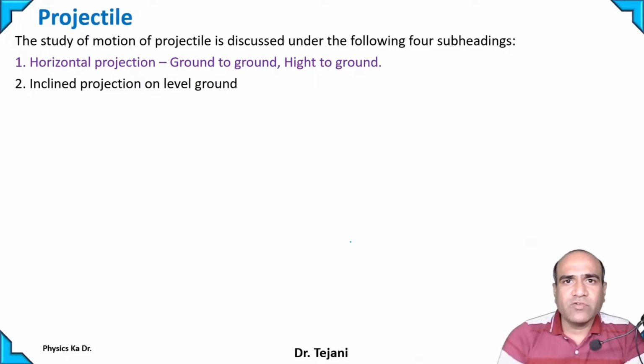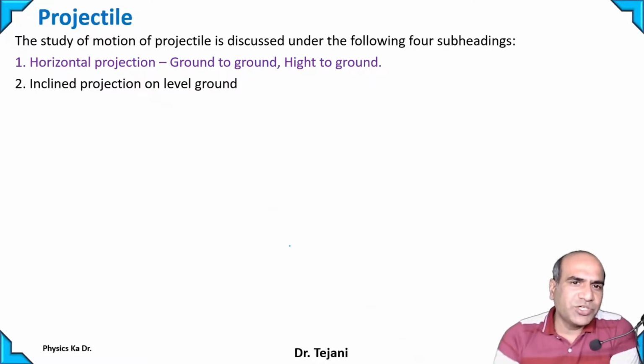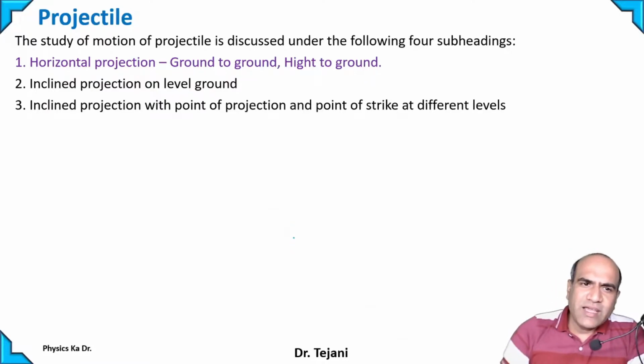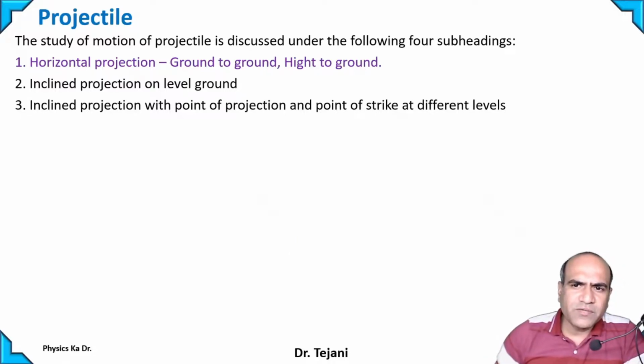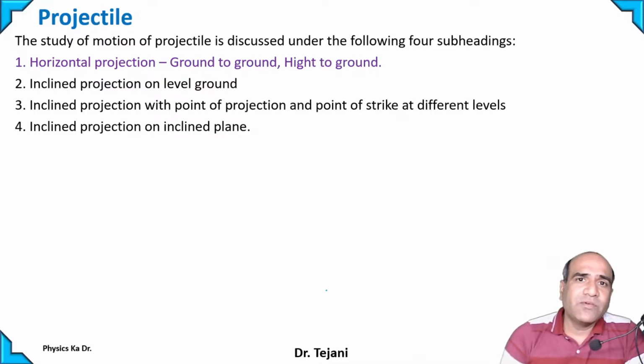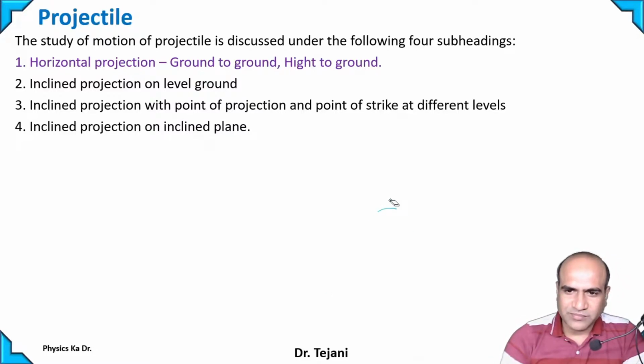In the next session, we will be studying height to ground, so an object is thrown from a certain height to the ground. And then next is inclined projection on the level ground, inclined projection with the point of projection and point of strike at a different level. And the fourth one is inclined projection on an inclined plane. We will be talking about all this.